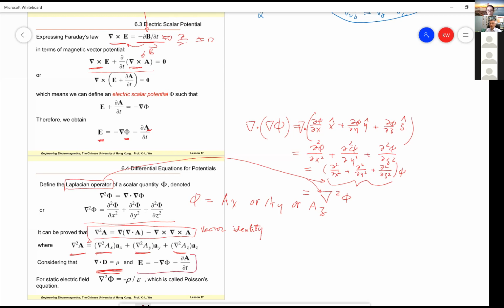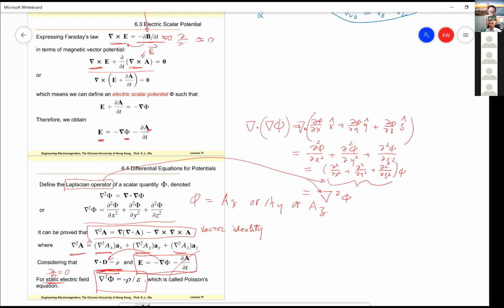This term we just introduced: for the electrical field, we can express it in terms of the scalar electrical potential function and the vector magnetic potential function A. And if it is a static field, this equals 0. Then we substitute this into this, and we have this equation. That's it. This equation we call Poisson's equation.